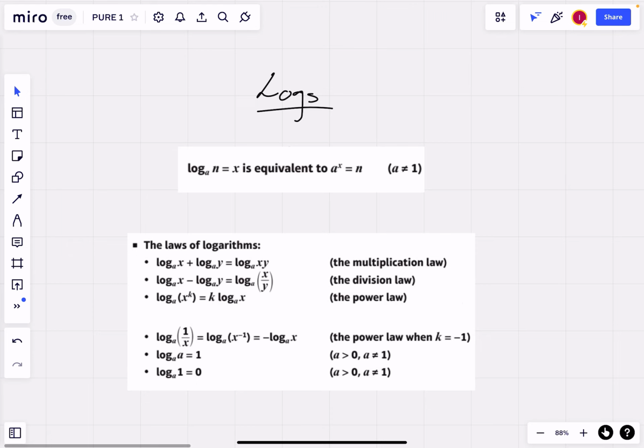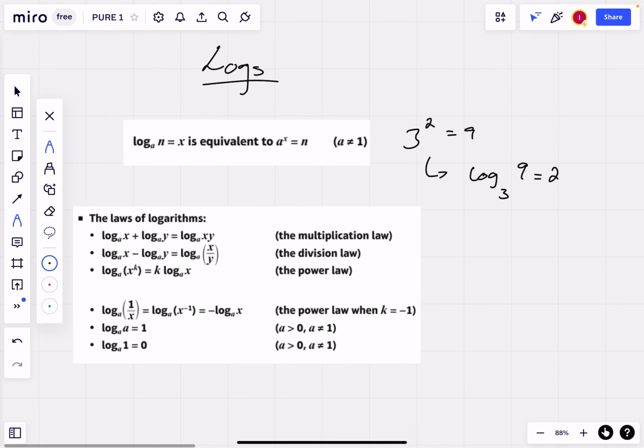For example, if I have 3 squared equals 9, the equivalent would be log base 3 of 9 equals 2. Similarly, log base 3 of 81 equals 4 is the same as 3 to the power 4 equals 81.